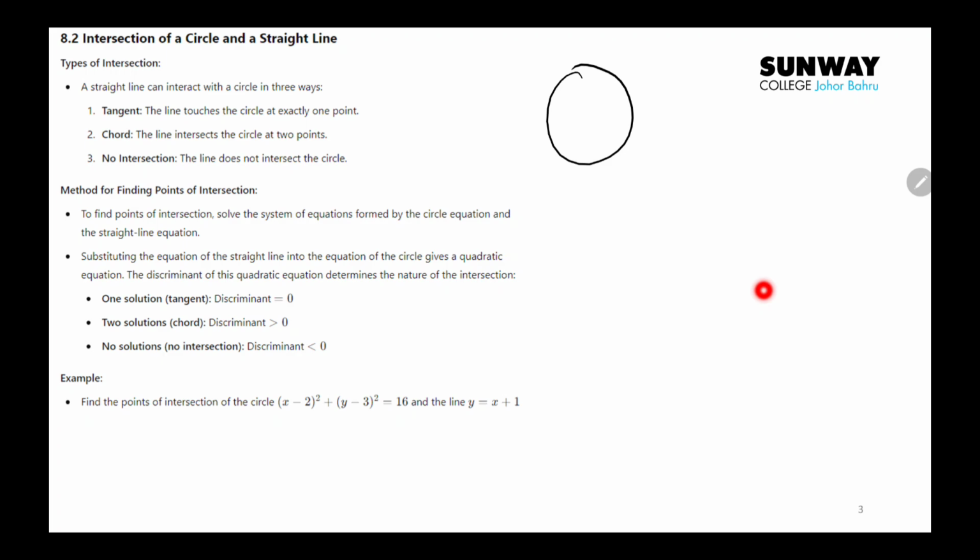For a circle and a line, there are a couple of ways they can interact. First of all, it can be a chord. A chord is something that looks like this. Basically, it's a segment of a line that lies inside a circle. This is what we call a chord.